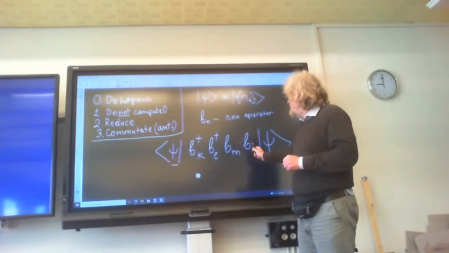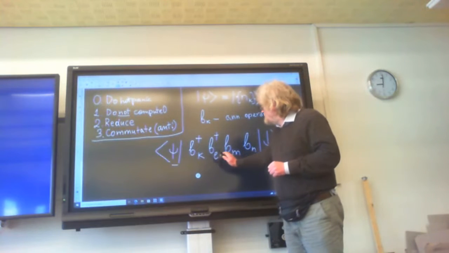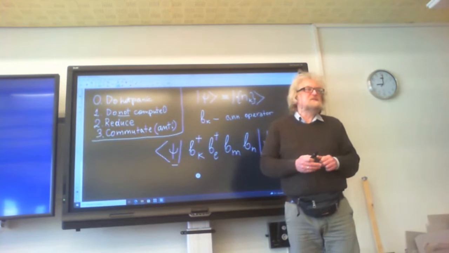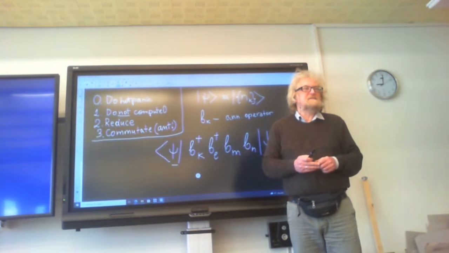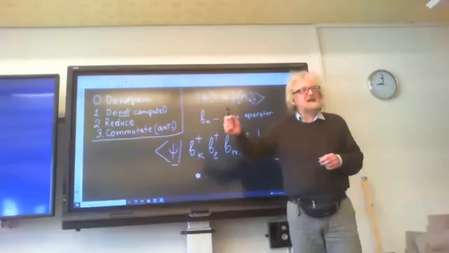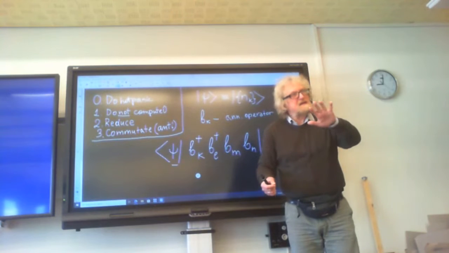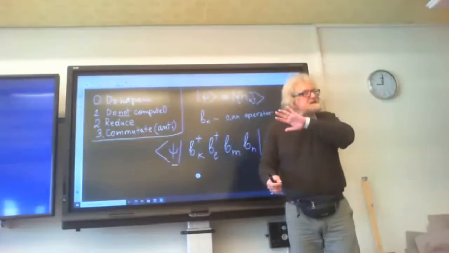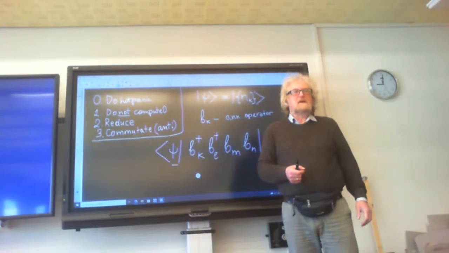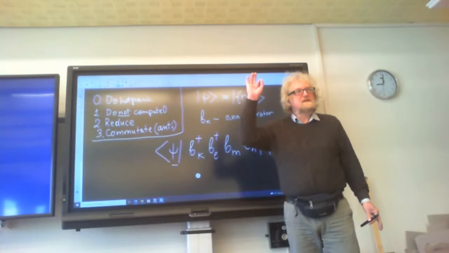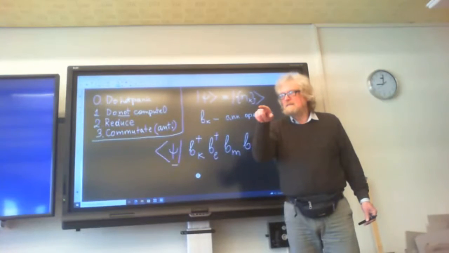I annihilate two particles in some levels, and I create two particles in some levels. If I annihilate something in level A and create something in level B, and A and B are different, that's going to be a very different state. So it will give 0. Does it go well? Fine.